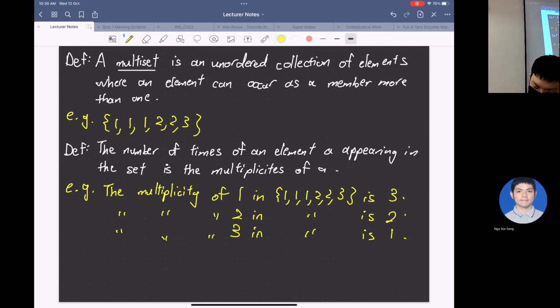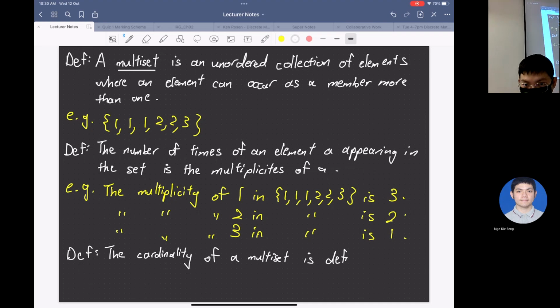Okay, so maybe you can guess what's the definition of the cardinality of the multiset. What do you think? So it's just defined to be the sum. Okay, you sum all the multiplicity of all the elements.